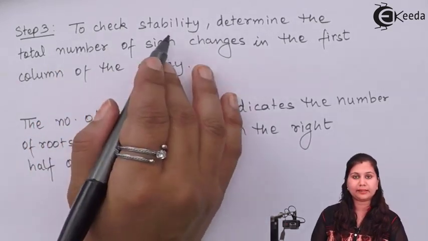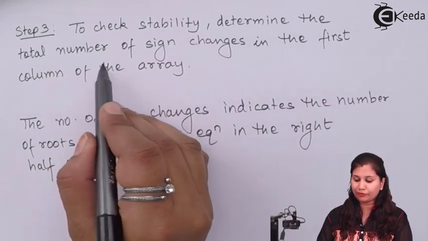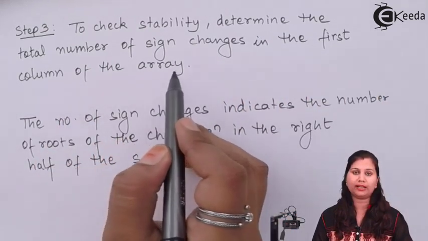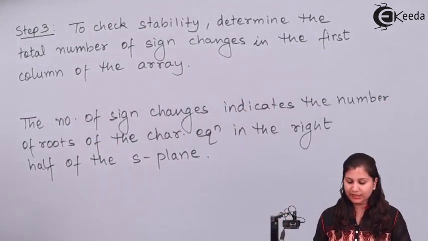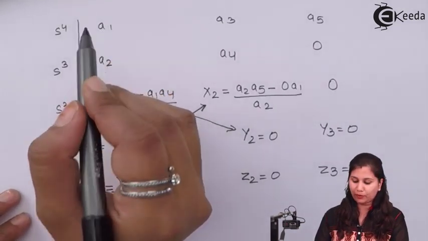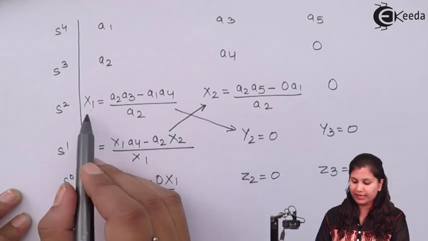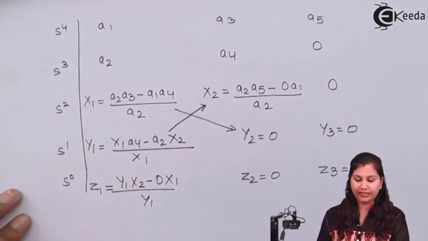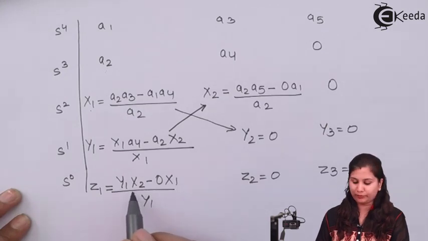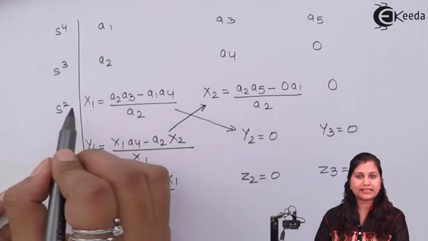So to check the stability, we will determine the total number of sign changes in the first column of the array. Suppose we have taken this example, and in this a1 coefficient is positive, a2 is positive, and x1 is coming out to be negative. y1 is again positive and z1 is again positive. So this x1 is negative.